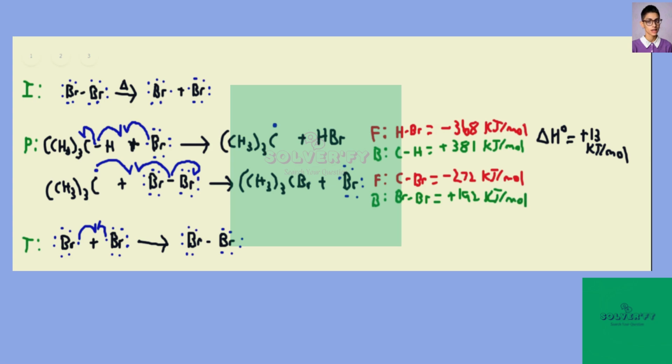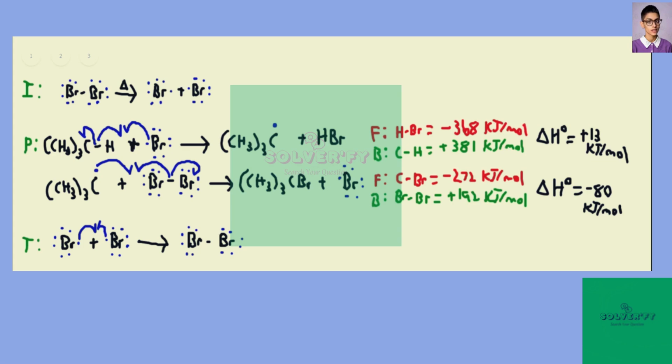When we add those two numbers together, the delta H naught for our second step is negative 80 kilojoules per mole. Actually, if you add those two delta H naughts together, you get our negative 67 kilojoules per mole, which is the delta H naught of the entire reaction.